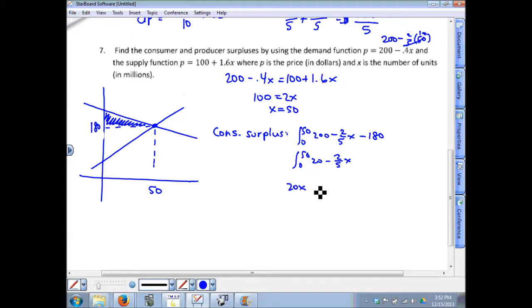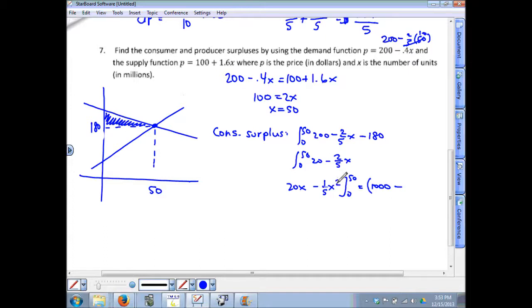So that becomes 20x minus 1/5 x squared. And that needs to be evaluated from 0 to 50. So this is going to be 20 times 50, which is 1,000, minus 1/5 of x squared.